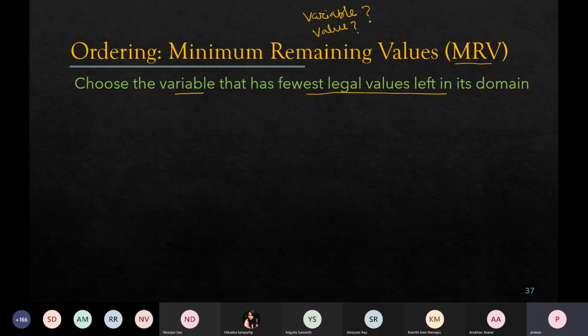Instead, if we had selected the other variable, then after doing so many assignments, finally we would find that the choice for the variable having the fewest values is never going to work. We want to detect that early, and that's why this heuristic is called fail first. If we have to fail, let us fail first, so that we do not waste our time moving around in the search space unnecessarily, right?